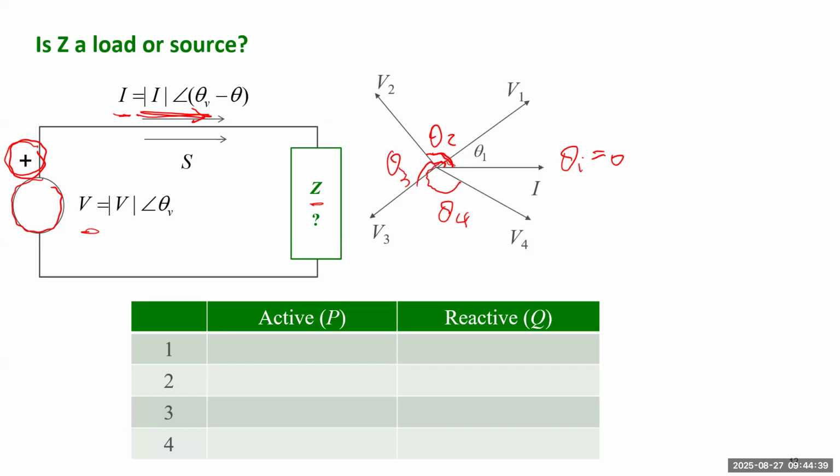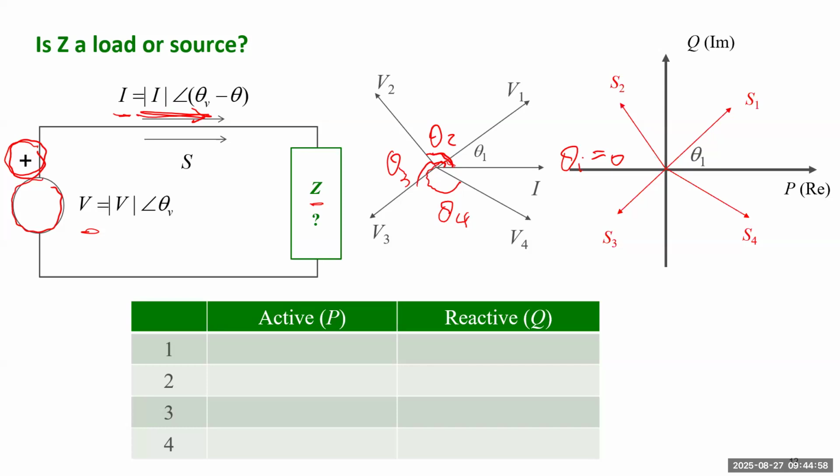In the second case, in the second quadrant, cosine theta will be negative and sine theta will be positive. In the third one here, both will be negative. And in the last one, P will be positive and Q will be negative. So they are all 4 possibilities.